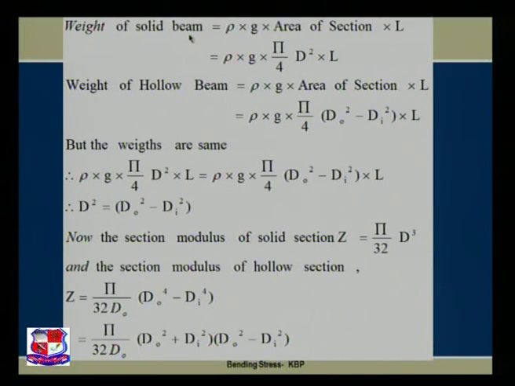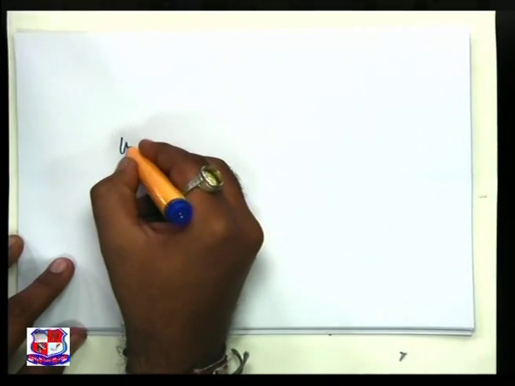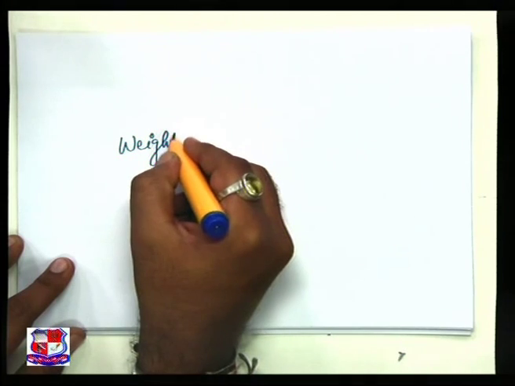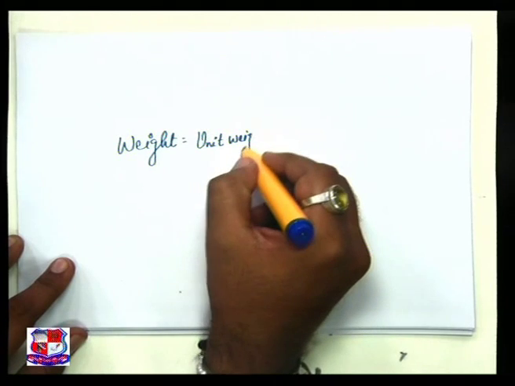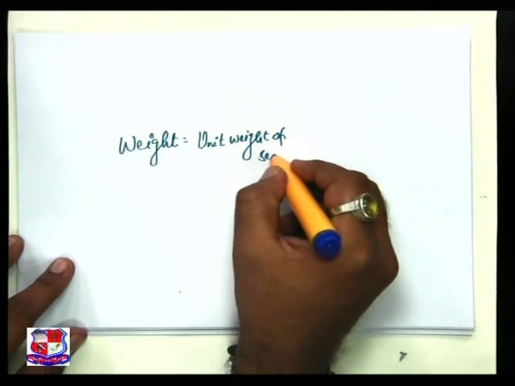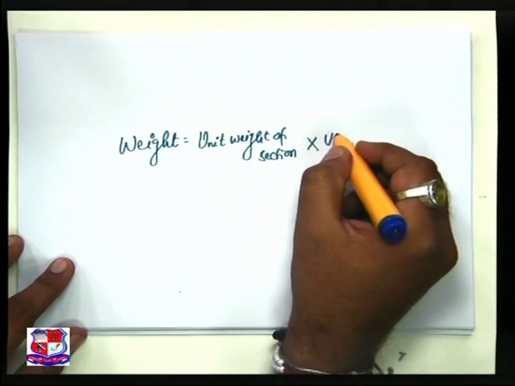weight of solid beam is equal to the unit weight multiplied by the area of section multiplied by the length L. See, what is the weight of the solid section? Let's come to this particular tabletop. For any section, we have a fundamental formula. Weight is equal to unit weight of section multiplied by volume.